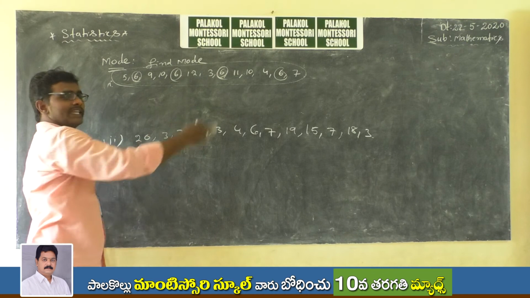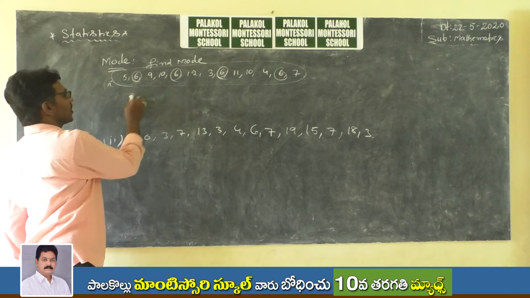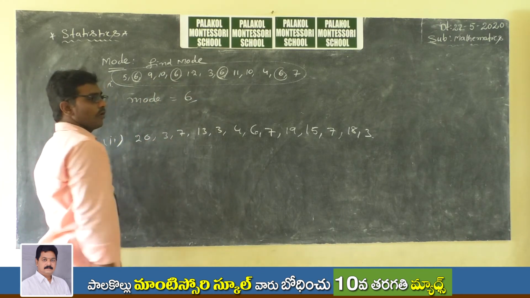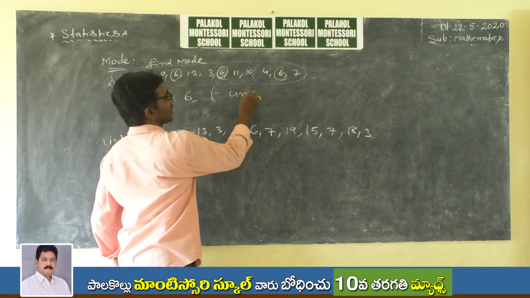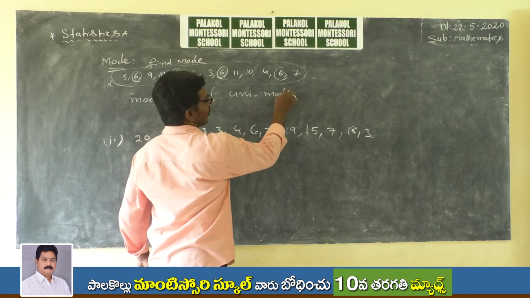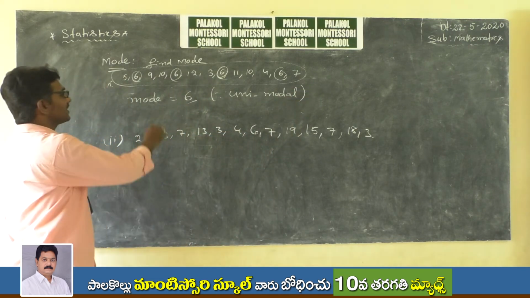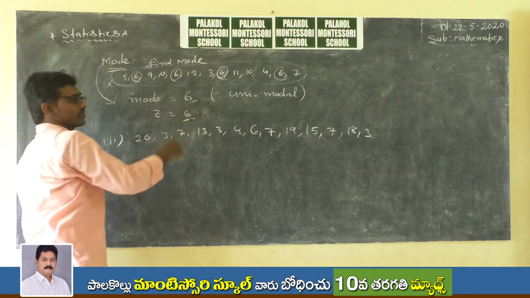How many times is it repeated here? 3 times. So the mode is equal to 6. Only one answer, so it is called a unique mode. The mode is represented by Z. Z is equal to 6.